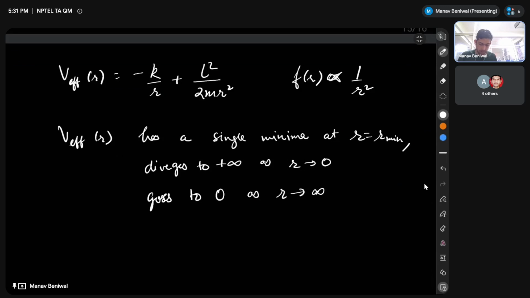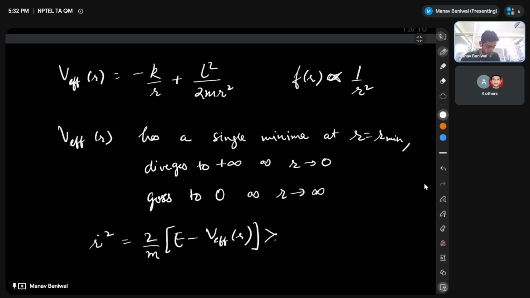And also for a central force, we know that this r dot squared is using the kinetic energy. So r dot squared, I can write as 2 over m times E minus V effective of r.